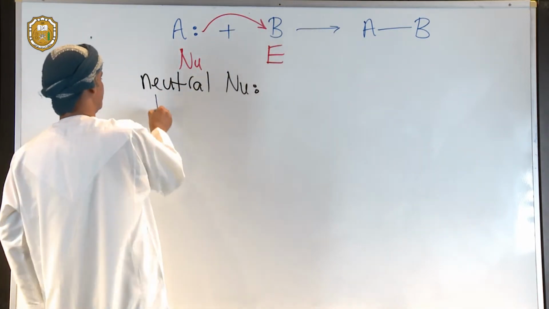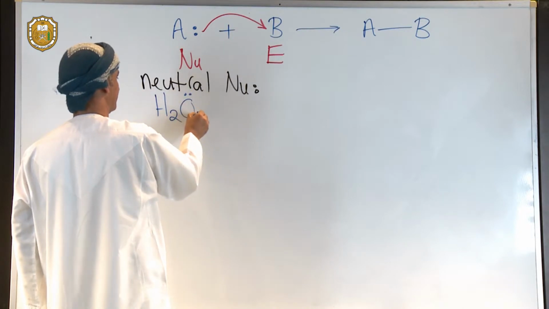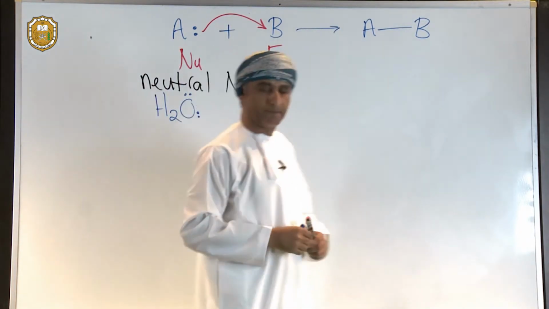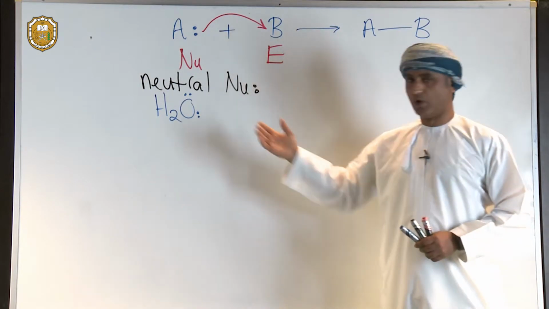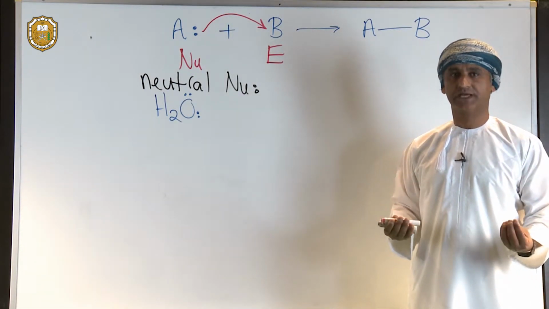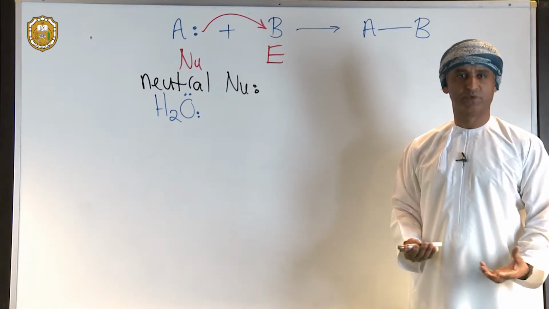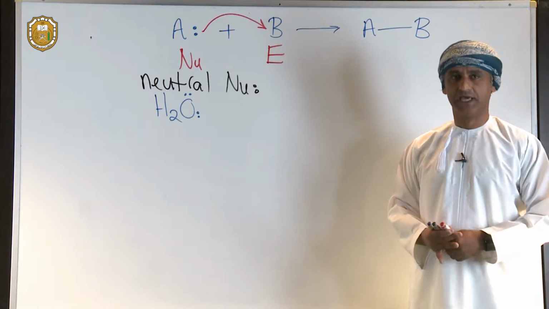Examples are H2O, so that is water. Now, water is a neutral nucleophile because it has the required 2 electrons necessary to make a covalent bond between water and an electrophile in general.